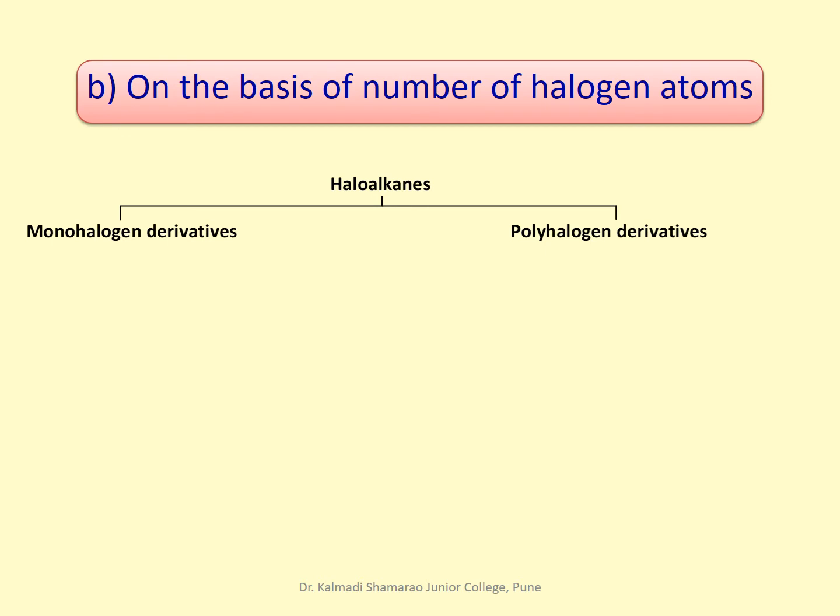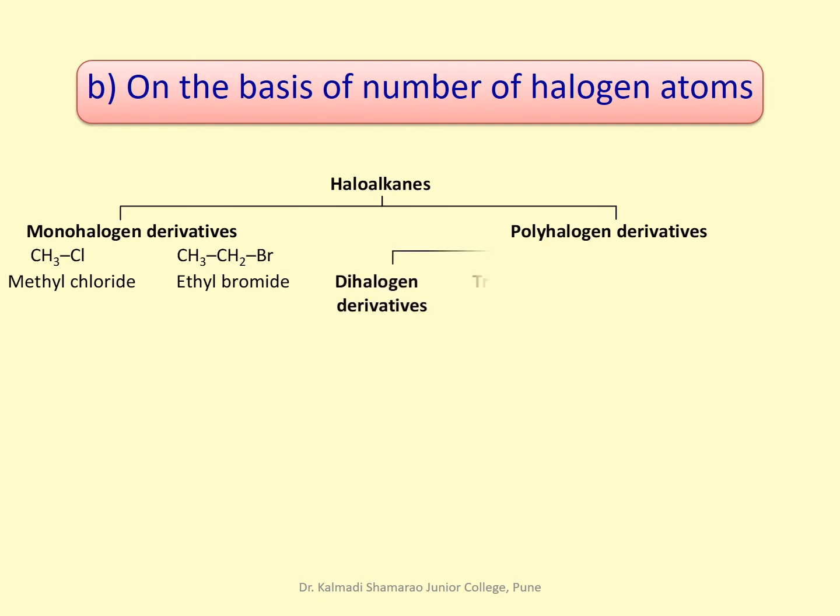For example, methyl chloride, ethyl bromide, etc. Polyhalogen derivatives contain more than one halogen atoms. Poly means many. These are further classified as dihalogen derivatives, trihalogen and tetrahalogen derivatives.